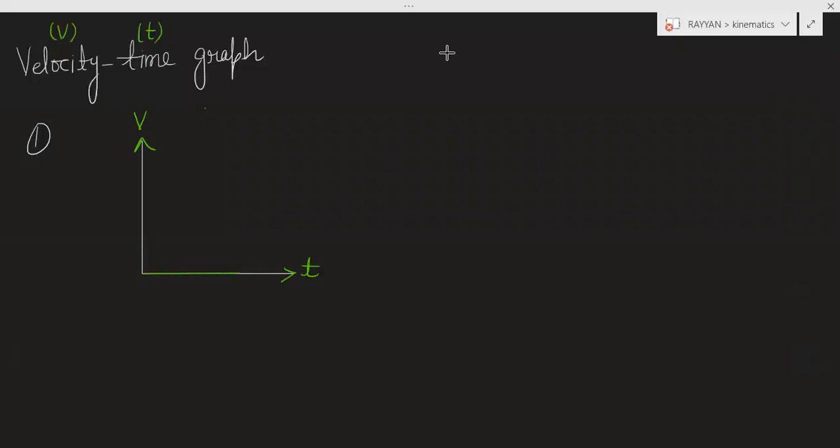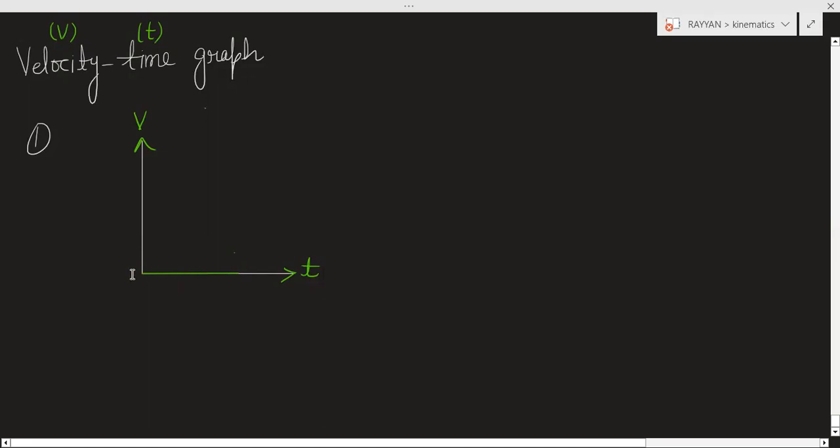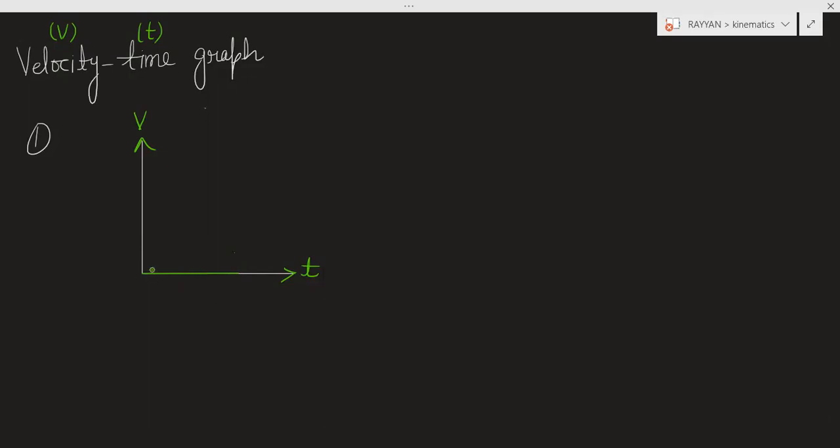This type of. So what can we conclude from this type of graph? With time the velocity is zero, right? This is the 0 point. With time the velocity is zero. Velocity is 0, 0, 0. With time means the body should be at rest.